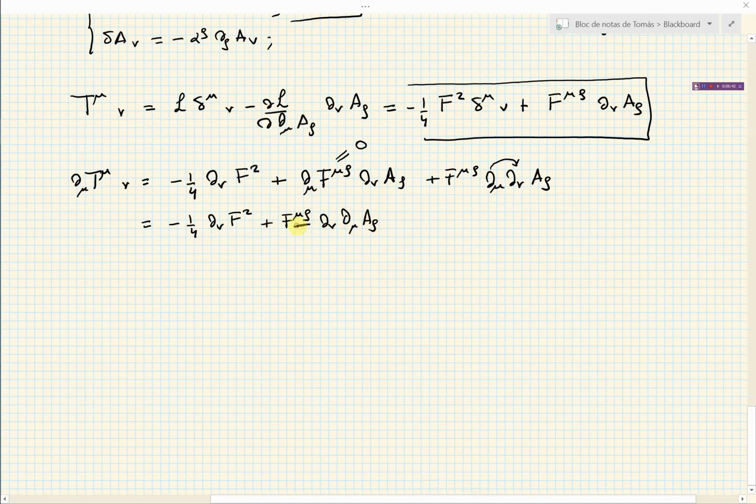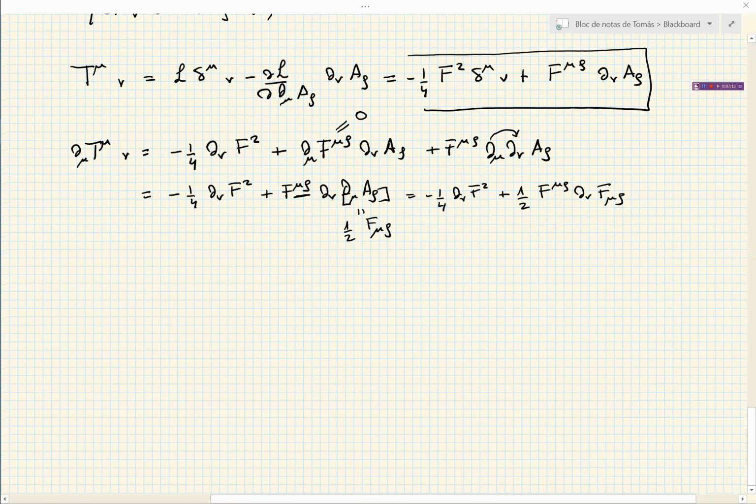Now this is antisymmetric in mu rho, so this is automatically antisymmetrized, and then this is 1/4 partial_nu F squared plus a half of F^mu rho partial_nu F_mu rho.